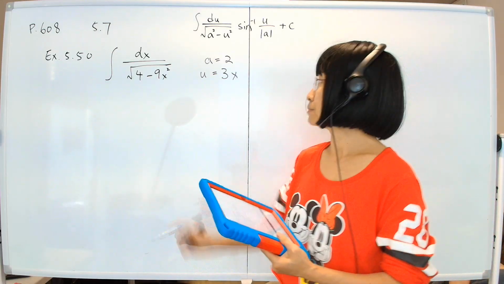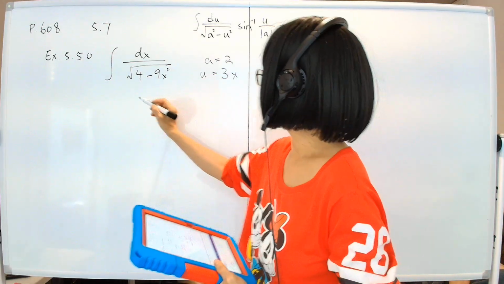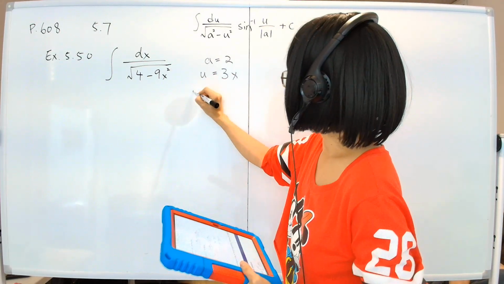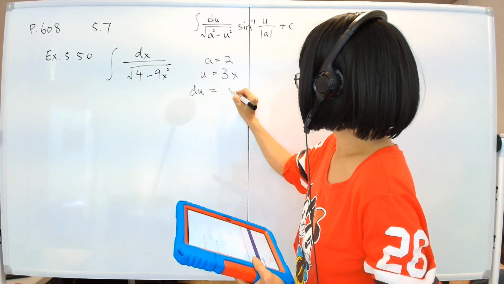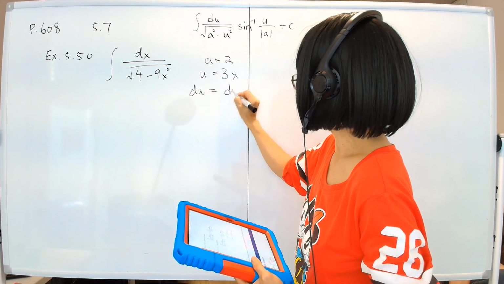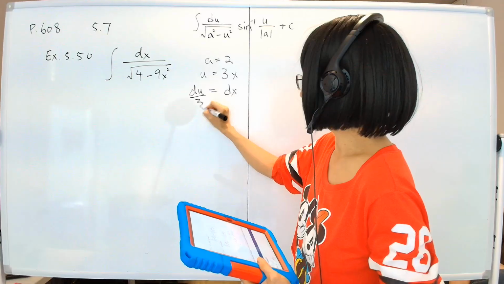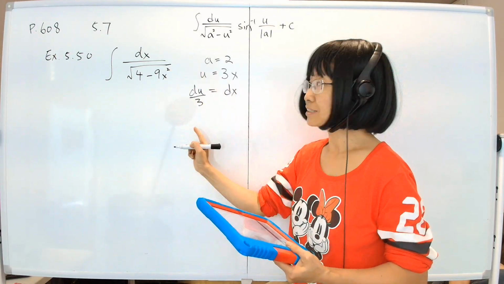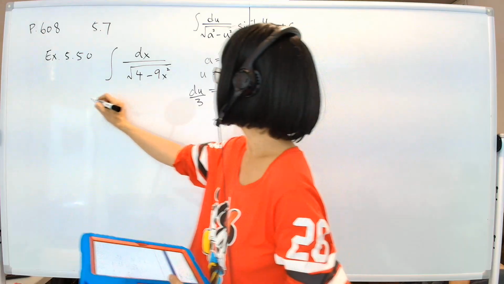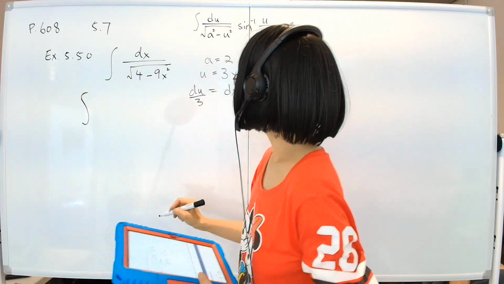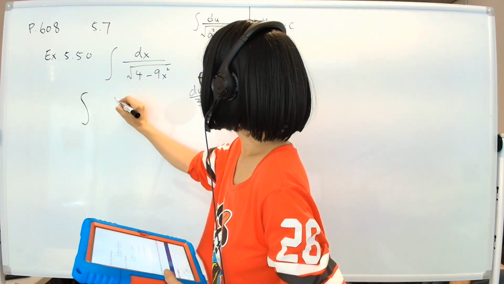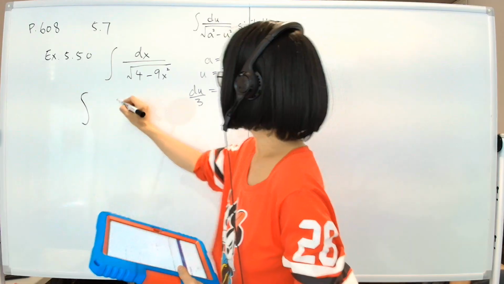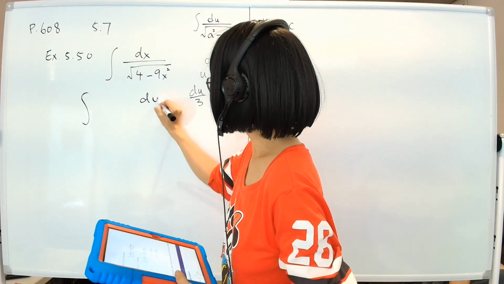We do the same substitution as we have always done. u equals 3x, then du equals 3dx. Now that we're all set, we plug everything back in. So dx is du over 3. Write that over here.